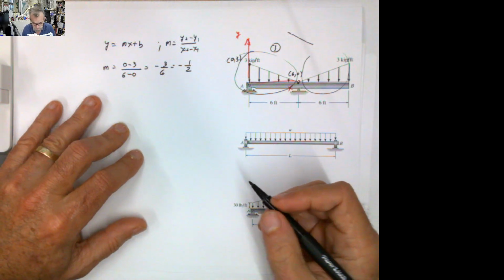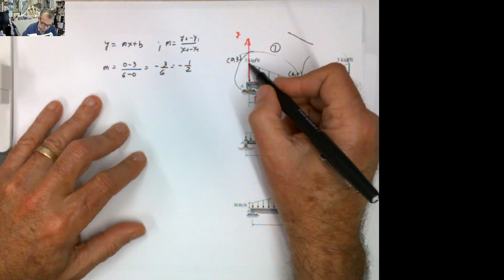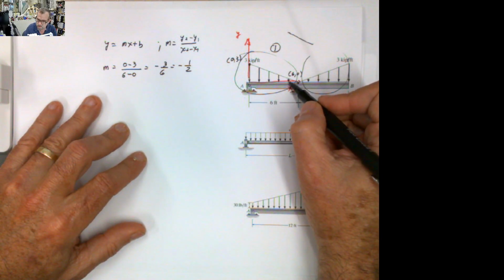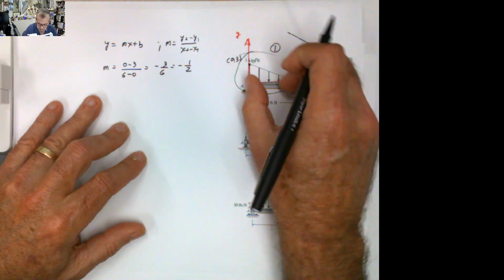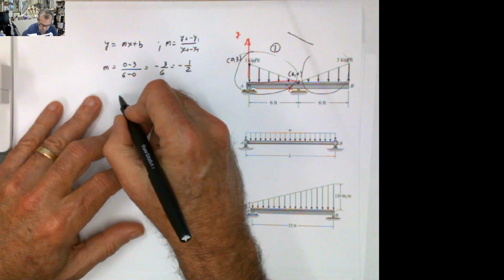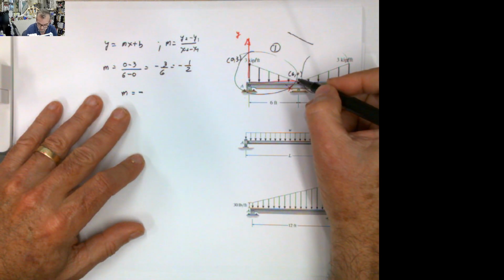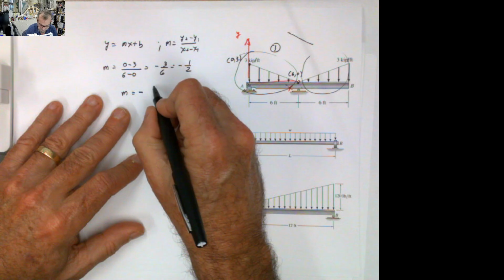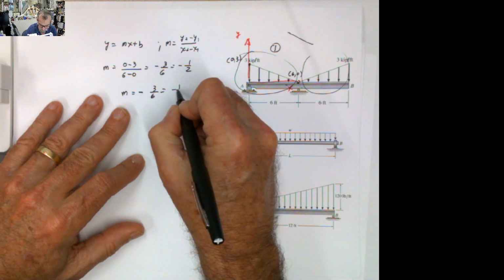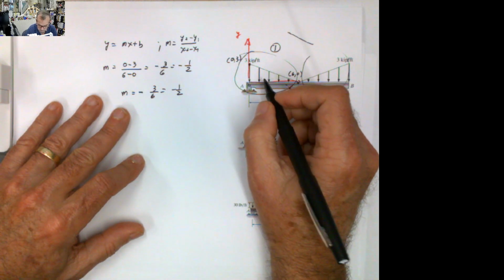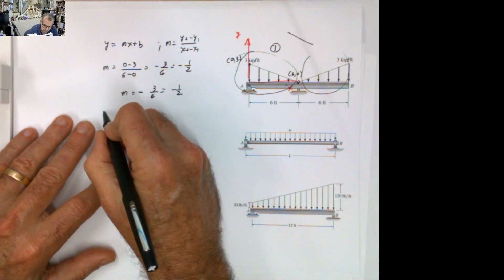Or you can just say, okay, my slope is going to be negative because it goes in this way, and you do just rise over run, 3 over 6. So my slope is negative 3 over 6, which is negative 1/2.